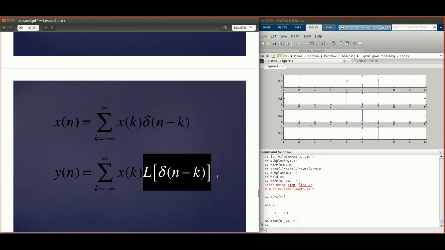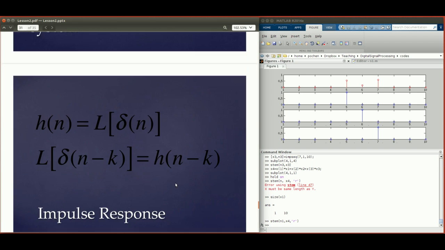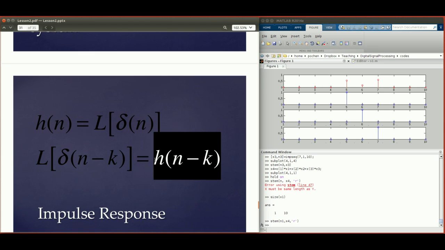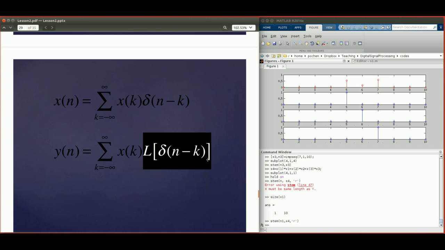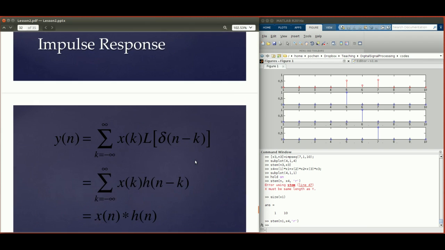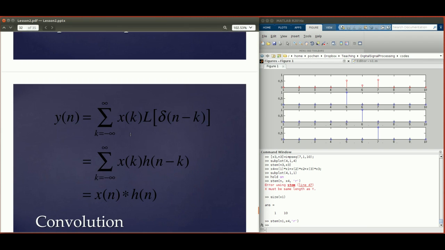And if the system is time invariant, then L of delta n minus k is H n minus k, the impulse response shifted by k. If you stick that expression here, what you get is xk times H, the impulse response shifted by k. So that's exactly the convolution representation.